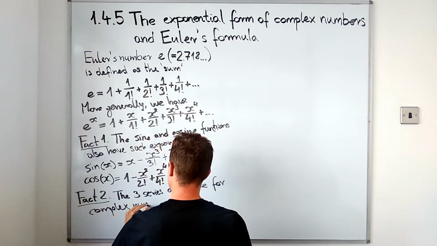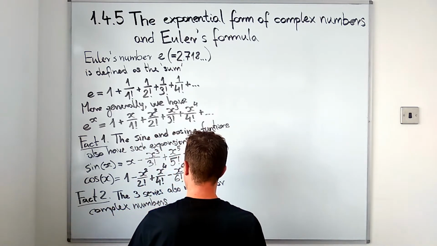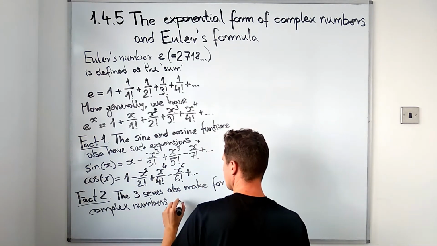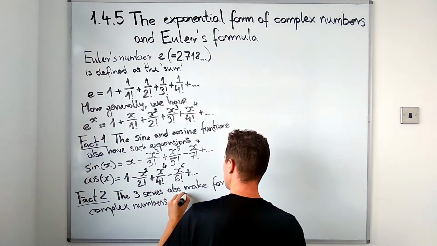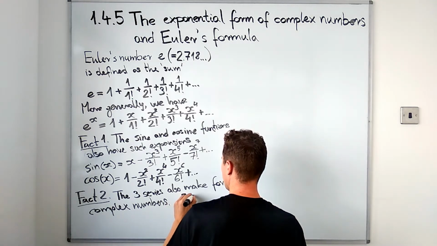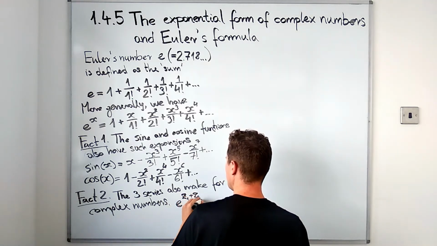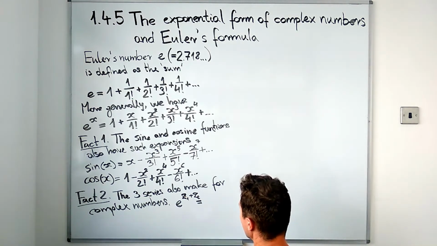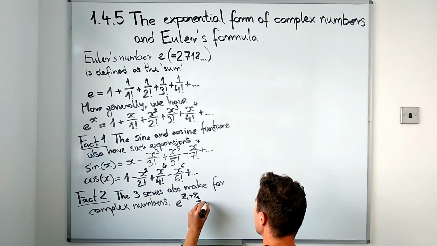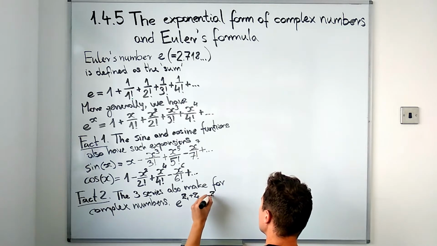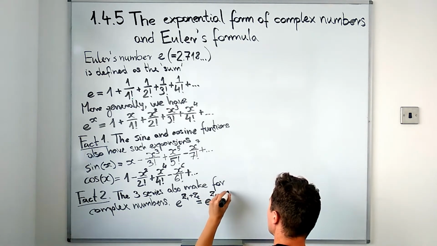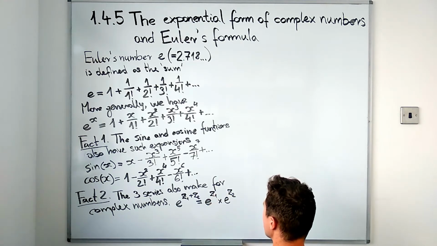And in fact, for any complex numbers z1 and z2, we still have this nice property of the exponential function: the exponential of z1 plus z2 is the same thing as the exponential of z1 multiplied by the exponential of z2.